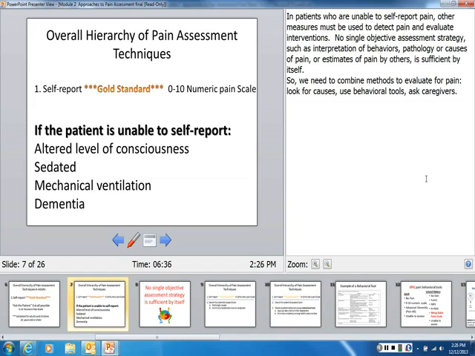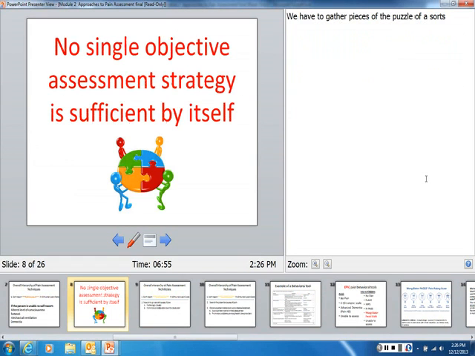No single objective assessment strategy is sufficient by itself. So we need to combine different methods of evaluating pain in our nonverbal patients. We need to look for causes, we need to use behavioral tools, and we need to ask caregivers and loved ones.